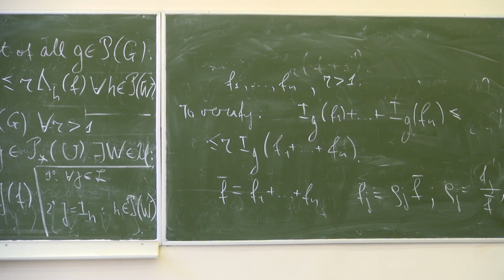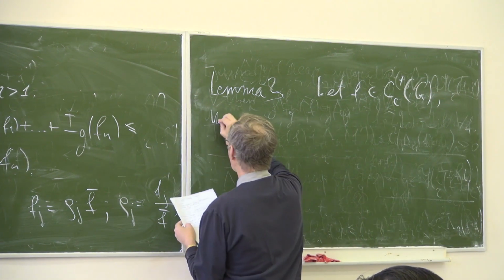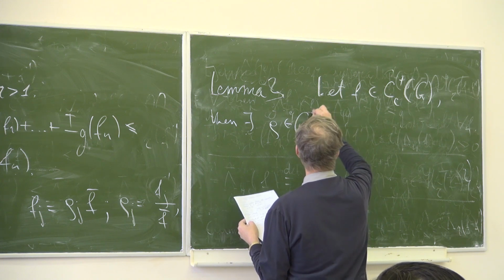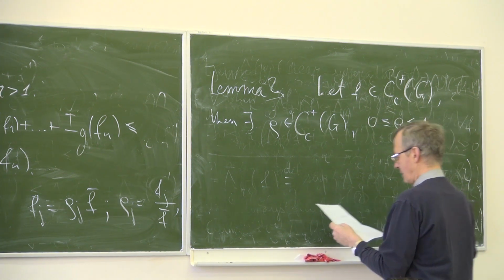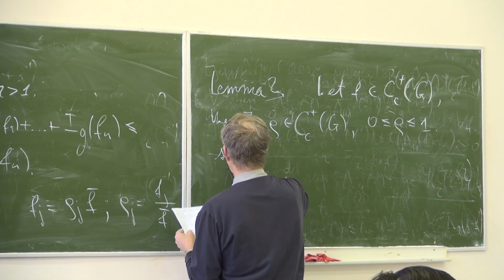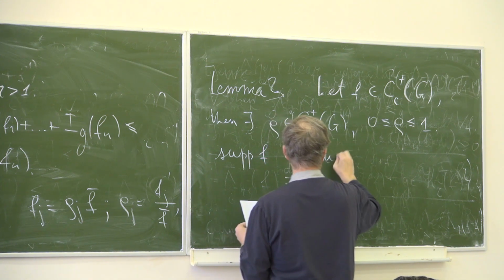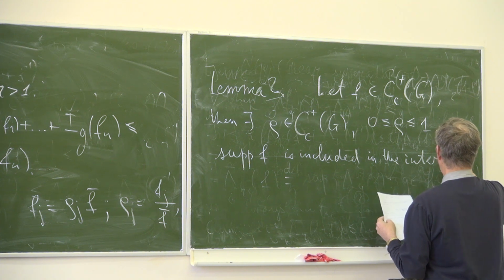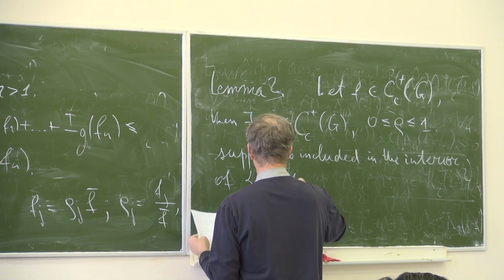So let f be a non-negative function with compact support on our group G. Then there exists a rho in the same space, with values between 0 and 1, and the support of f is included in the interior of the set where this rho is equal to 1.